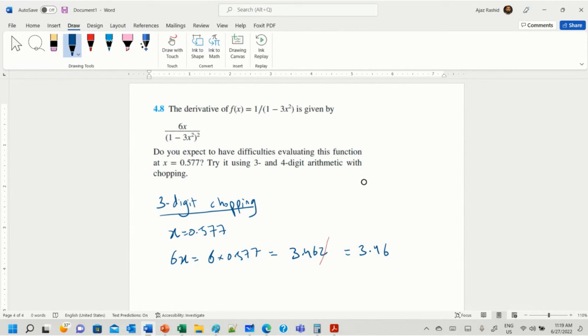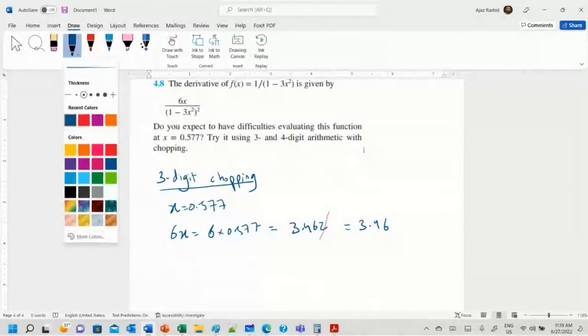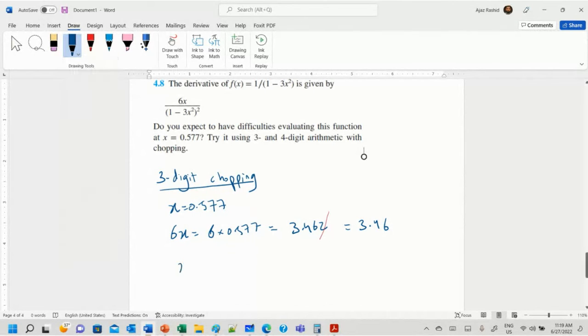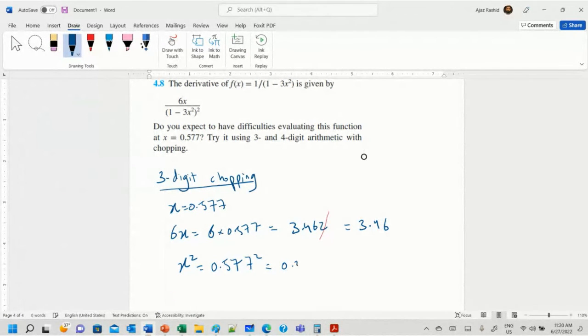I have the denominator. I'll start doing the calculations one by one. So I'll start with the x squared. 0.577 squared is 0.332929. You chop after 3 digits, so it just becomes 0.332.